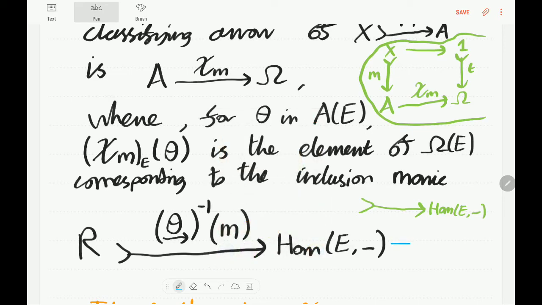and then we find the natural transformation corresponding to it under the Yoneda correspondence.